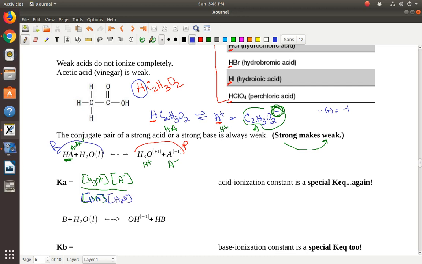And then we simplify it. Remember that anything with an S or an L, pure liquid, like here, becomes a 1. So what I end up with is just H3O plus times the anion concentration divided by the concentration of the acid. That's an equilibrium constant with a special name called the acid ionization constant, the Ka.